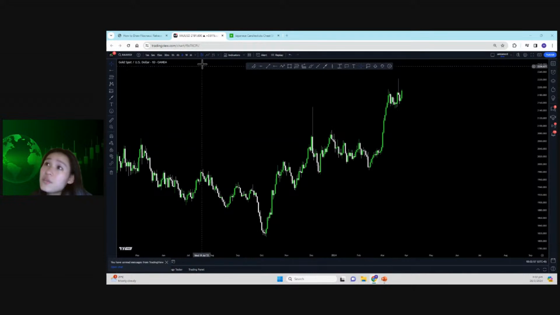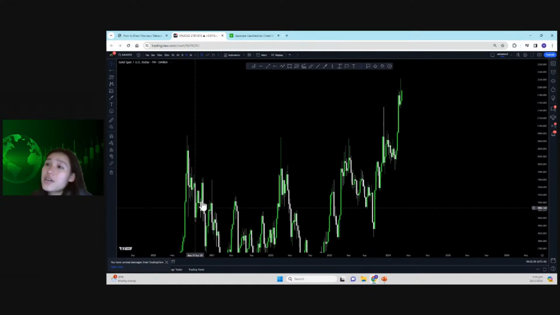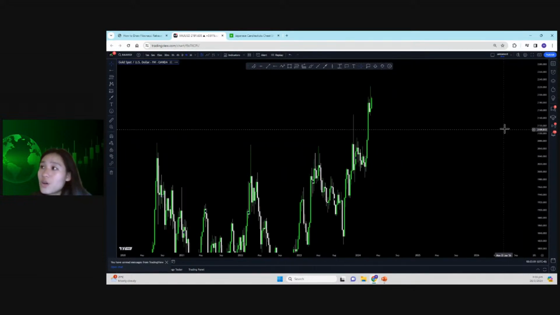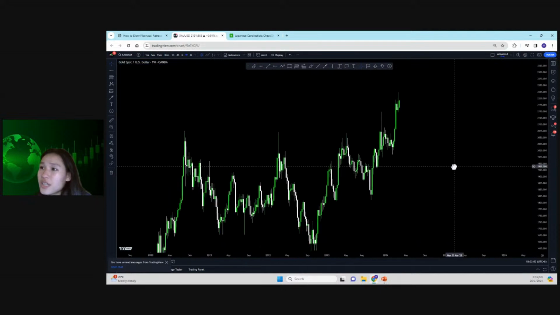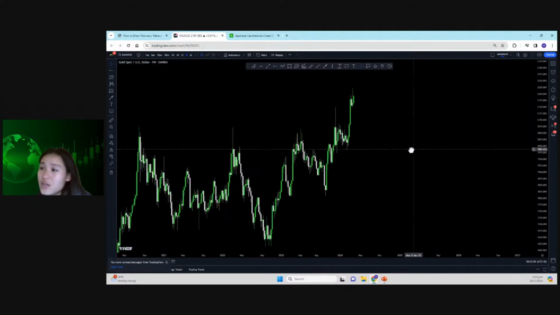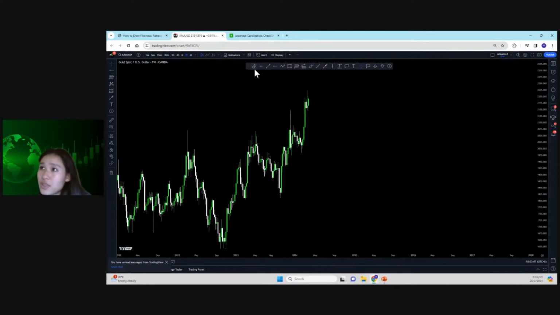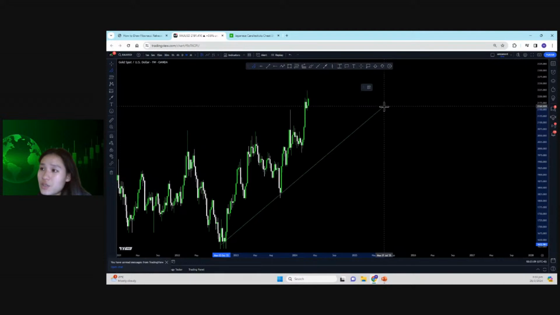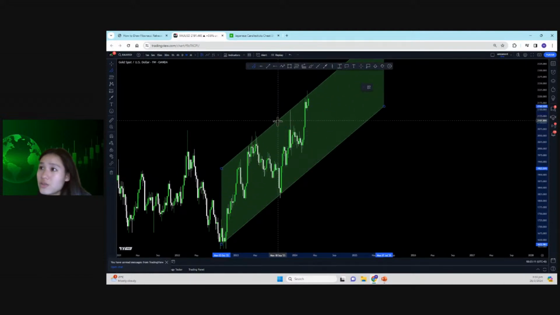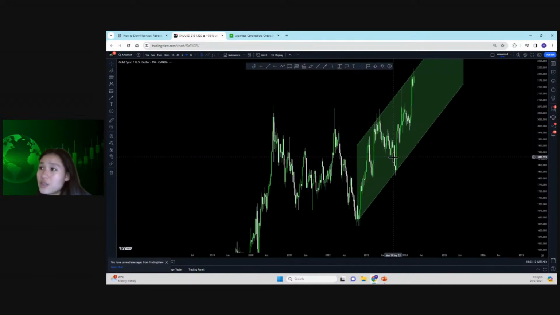Okay, same thing, I'm gonna look at gold on our higher time frame first. So on our weekly time frame, you can see again prices moving in this uptrend. Now let's see if we have any trend lines or trend channels. Okay, we have an ascending trend channel here.